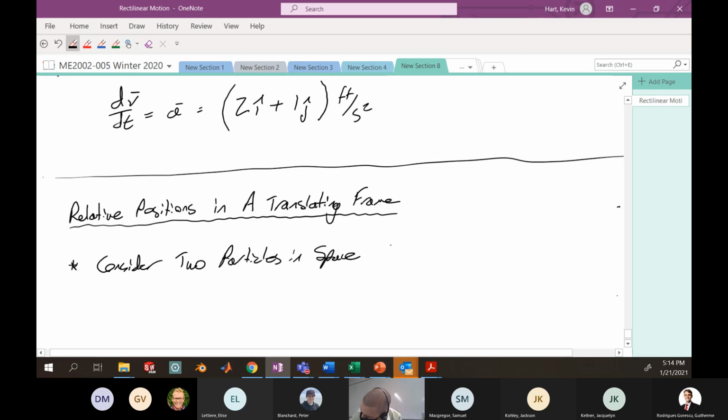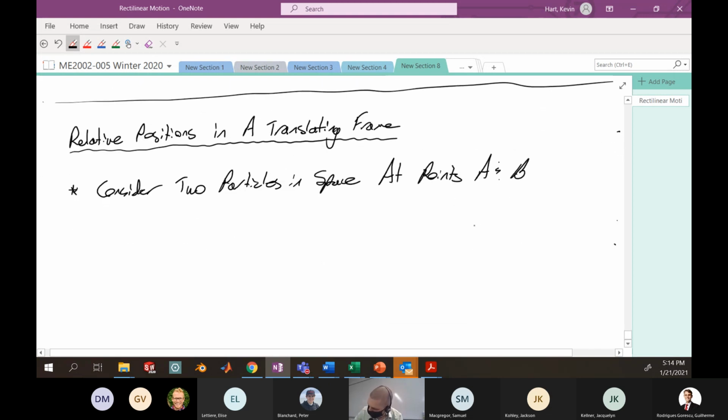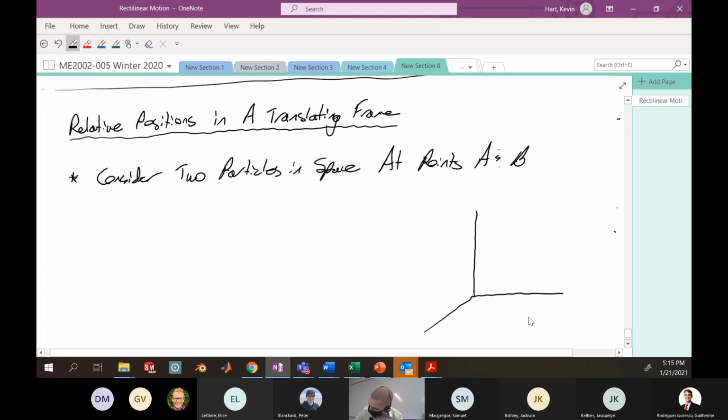At points A and B. So in your head, here's your origin. Your typical XYZ coordinate system, X, Y, Z. And you've got two particles in space.